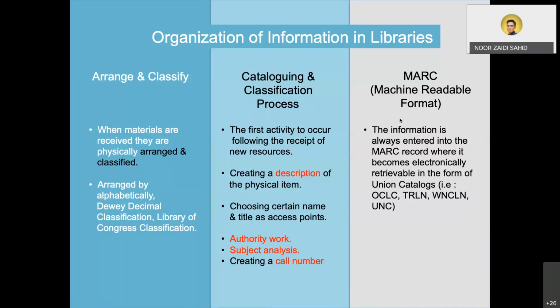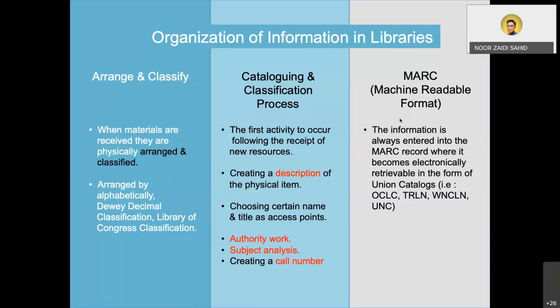Therefore, MARC or machine readable forms are being introduced. Kenapa? They kept catalogs but in electronic form. Dari situ dia menghasilkan union catalogs. Union catalogs, which means they integrate several catalogs in their databases.